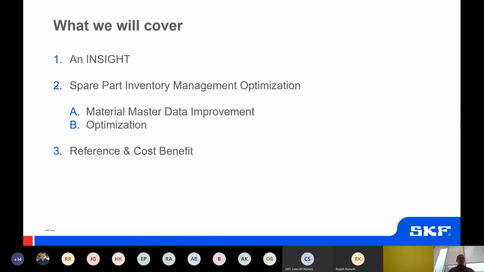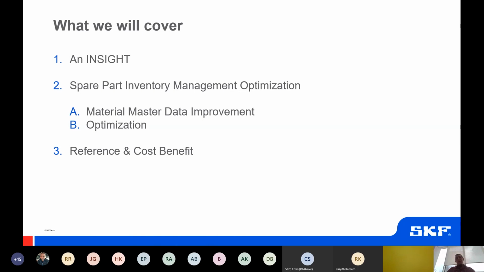And second, we are going to talk specifically about spare part inventory management optimization from SKF's perspective, a solution that can probably be done within your organization in a short time.